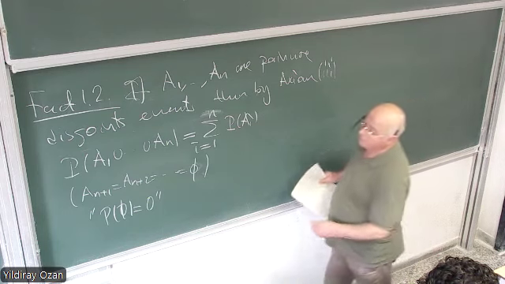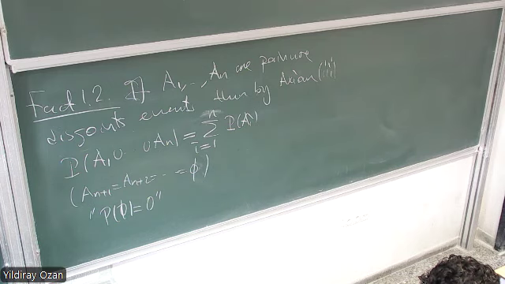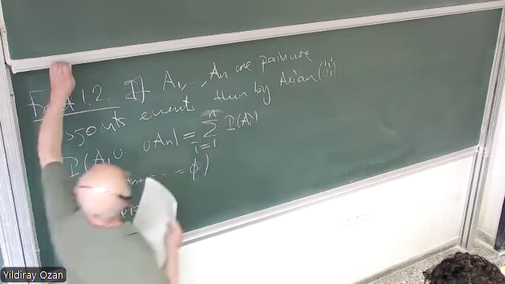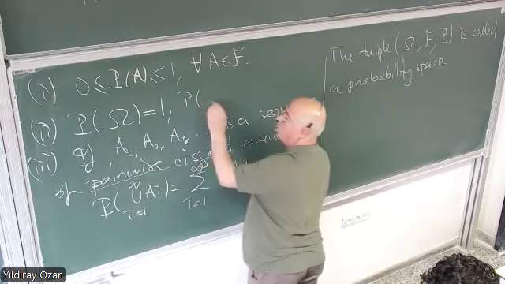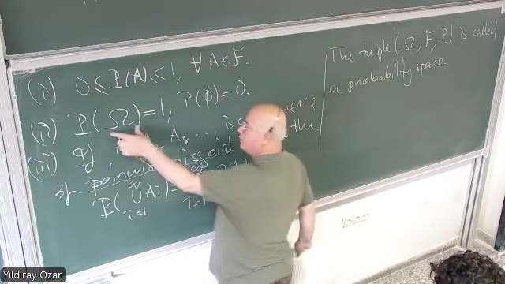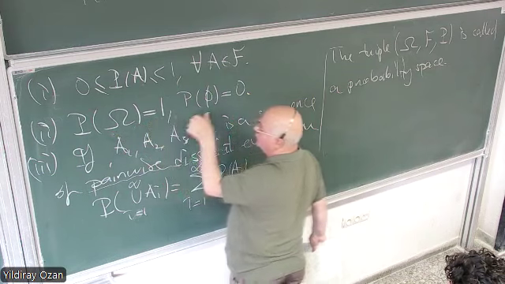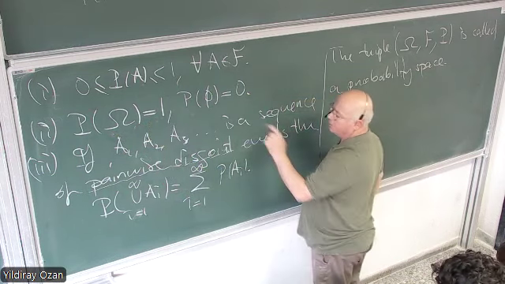Here, we should also include this as a part of the axiom. The probability of this space is 1, and the probability of the empty set is 0. Okay, so these are 3 axioms.